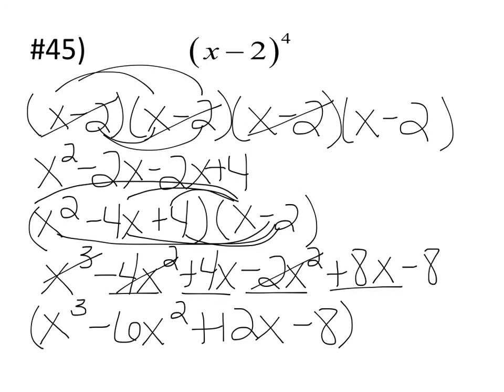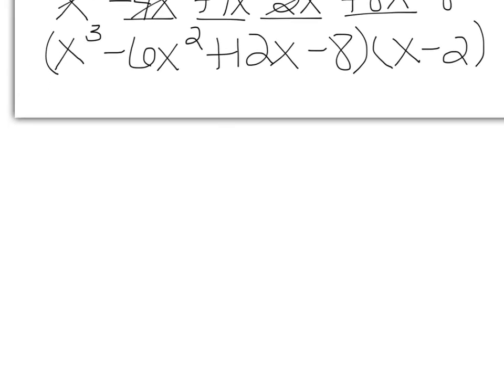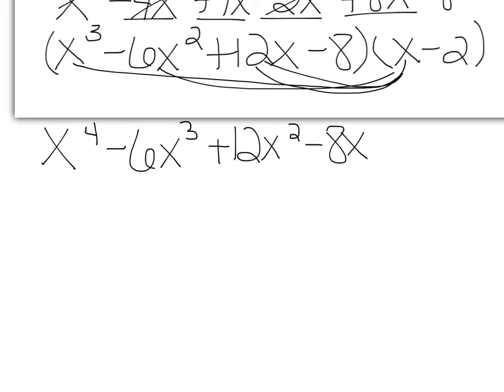Now we're going to take this polynomial and we're going to multiply it times our last x minus 2. And the last thing we need to do is we're going to distribute this x to all four pieces. So that's going to give us x to the fourth minus 6x cubed plus 12x squared minus 8x, and then we'll distribute this negative 2 to all four pieces.